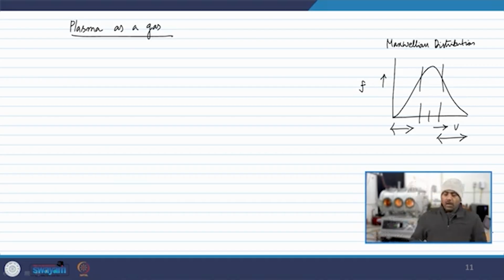If you take a one dimensional picture for a plasma, the Maxwellian distribution function can be written as, let us say, f of u is A exponential of minus half m u square by kBT.